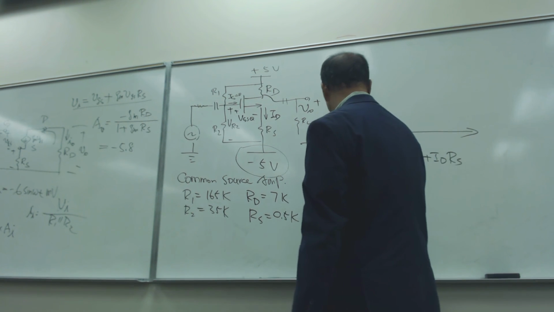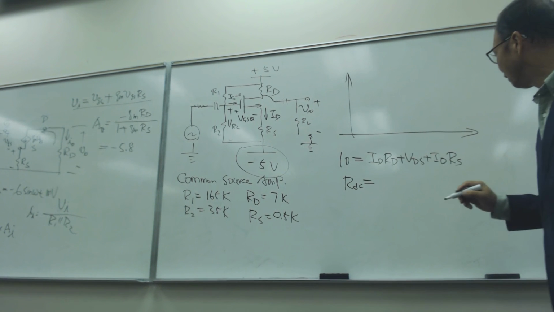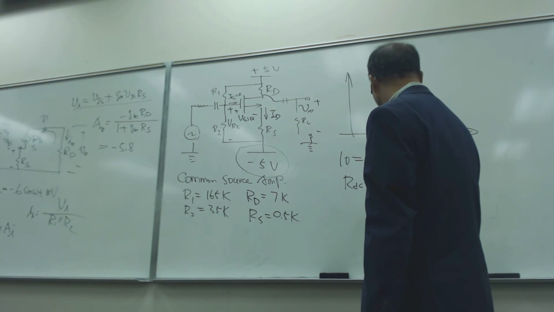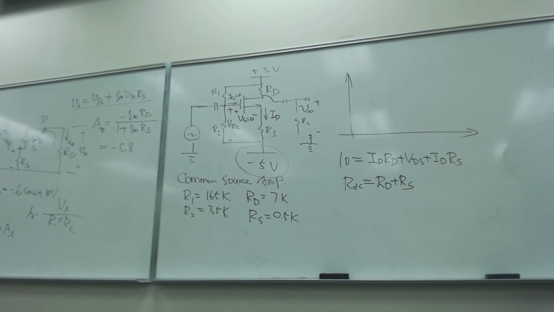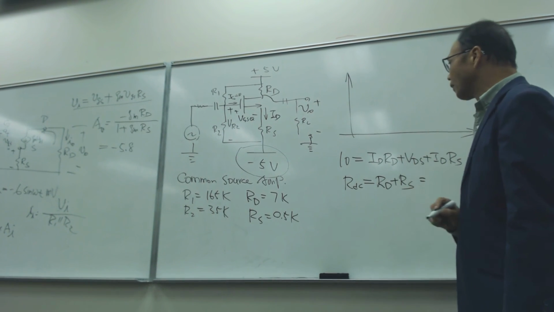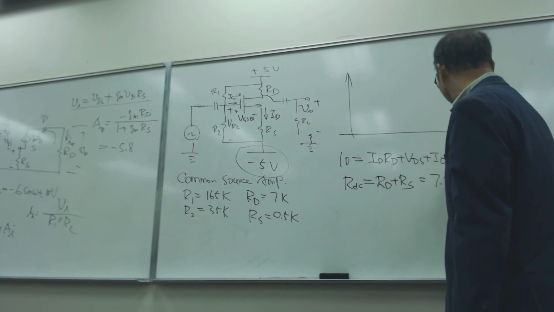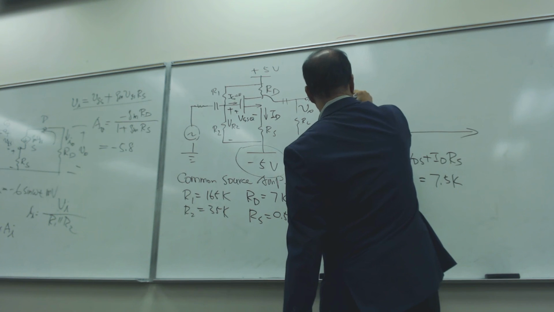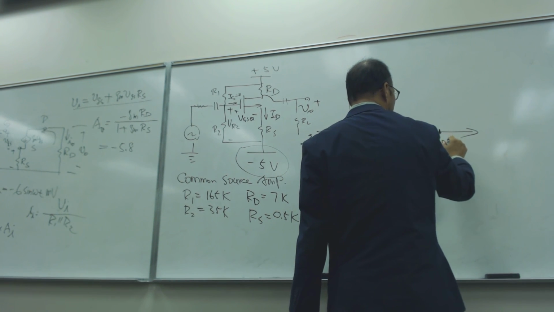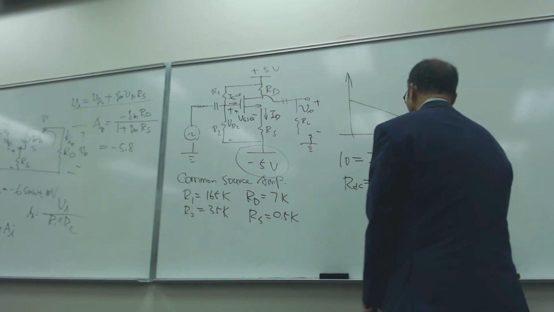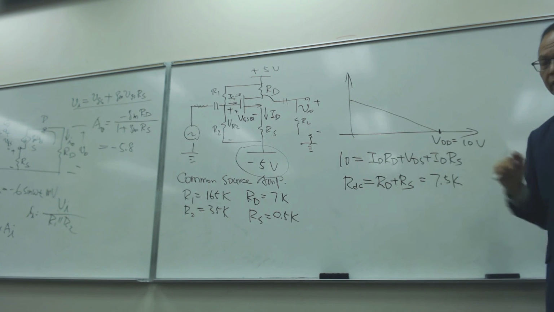So therefore, what is RDC? By looking at it, you should know RDC is what? Which is RD plus RS, so it's 7.5K, yes? Okay, so that is the DC load line. This is VDD, right? Which is 10 volt. You have to add the top and the bottom voltage, okay?